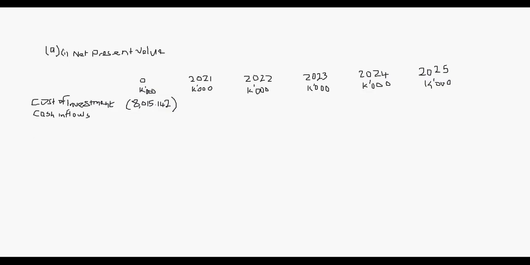We put a heading and underline it. Under cash inflows, the first cash inflow that we have is sales. This is the revenue that we are expected to generate in 5 years of the project.